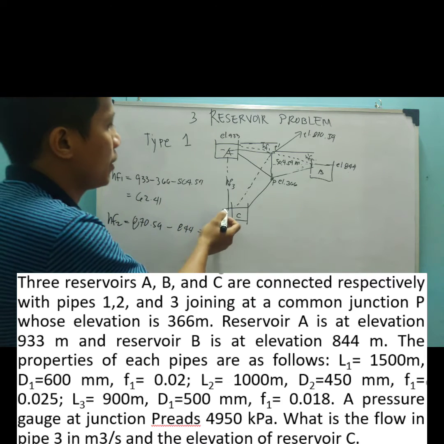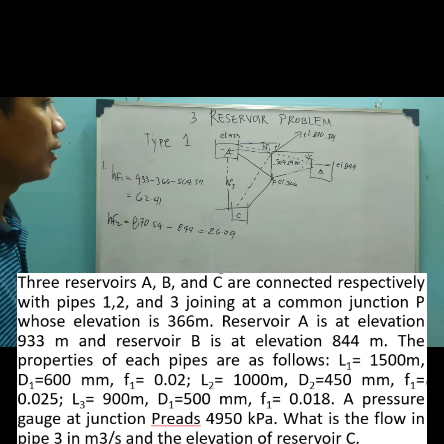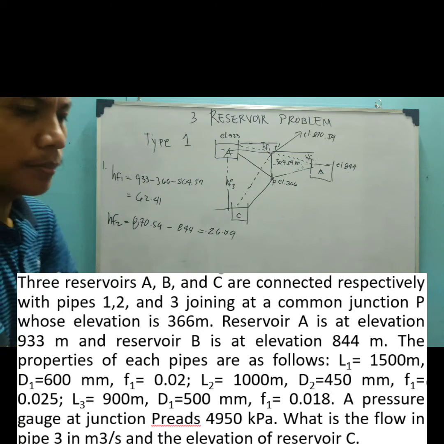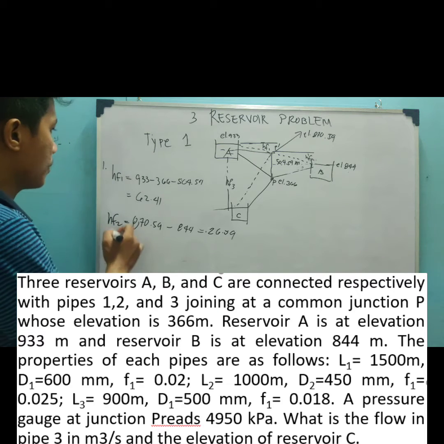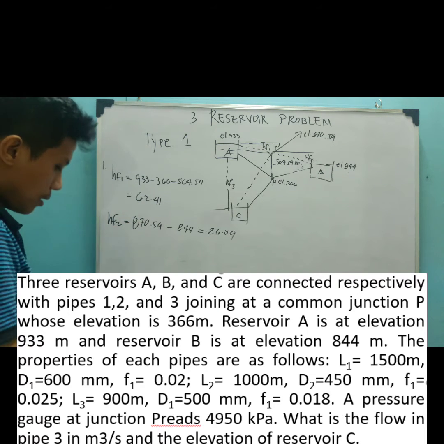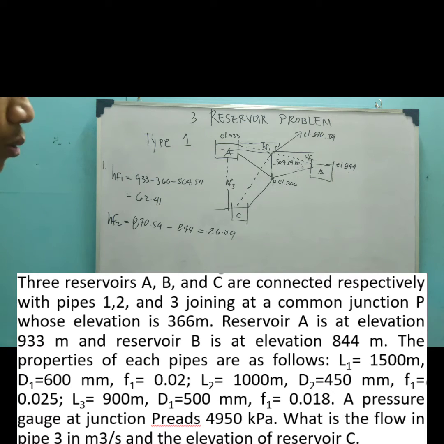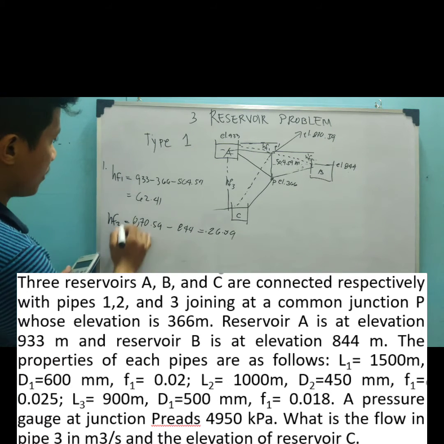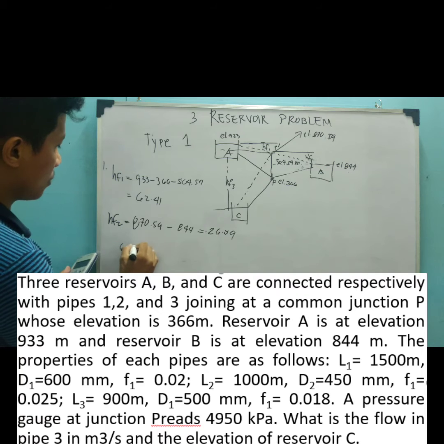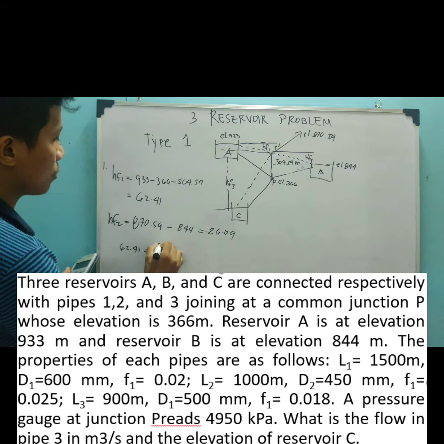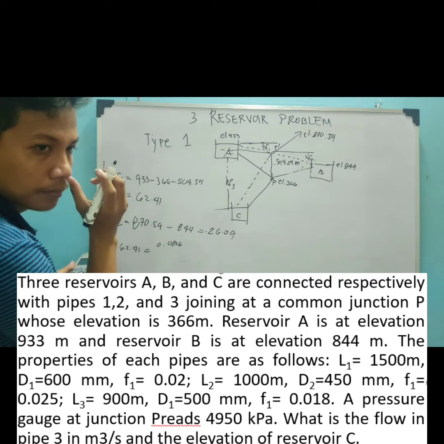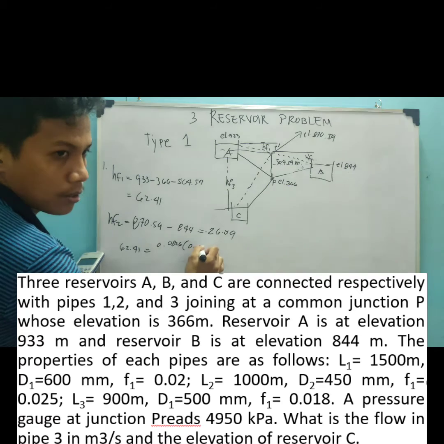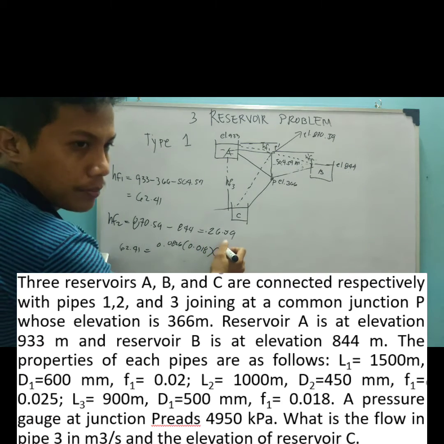Now, the elevation at HF3 is unknown. So we can now get the Q's. Let's get Q1. Q1 comes from HF1, which is 62.41, equals 0.0826 times 0.018 times the length.